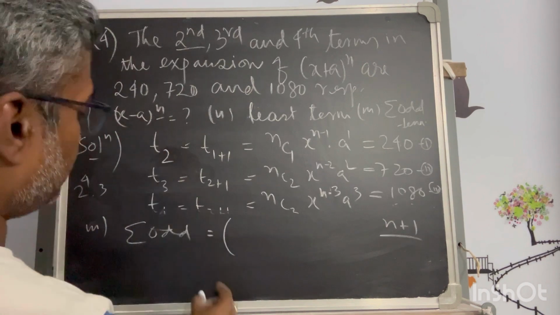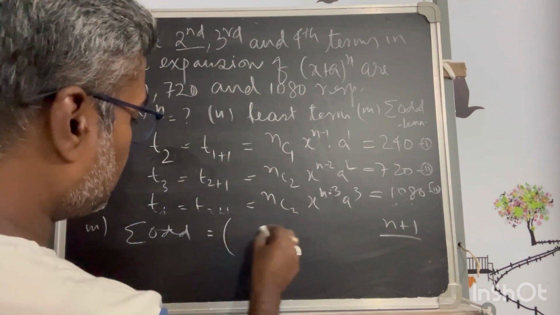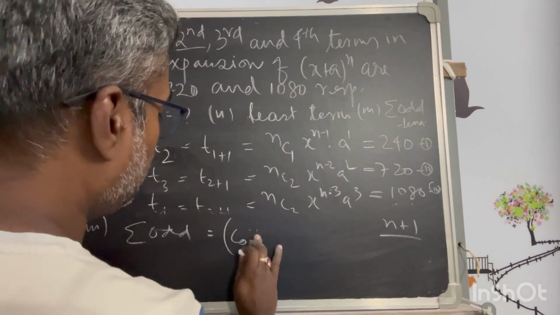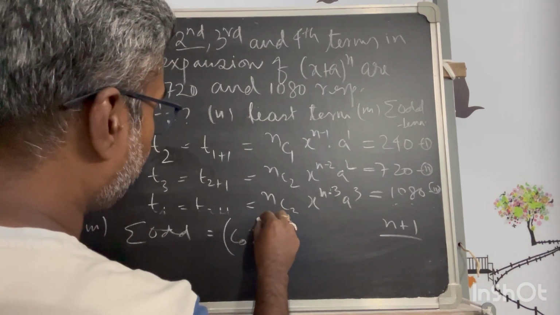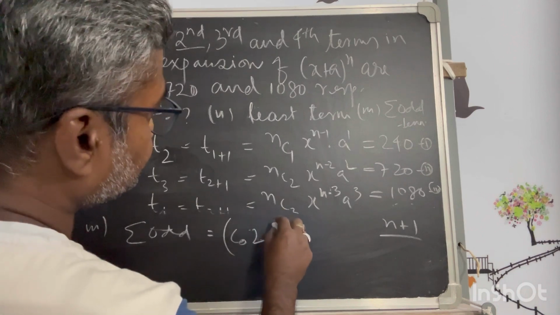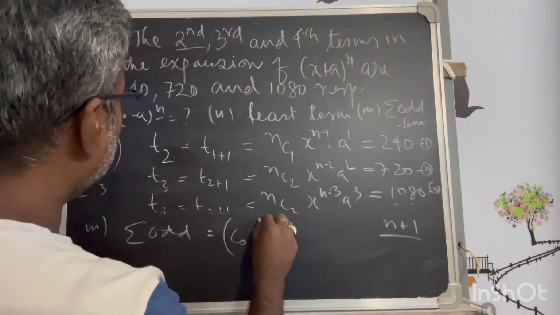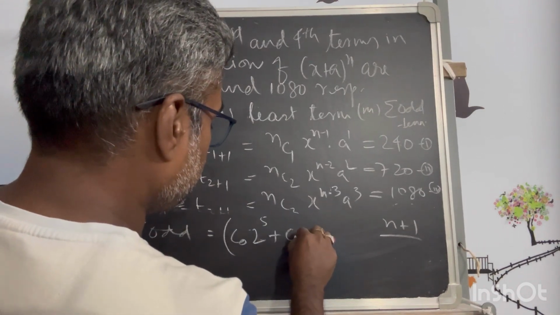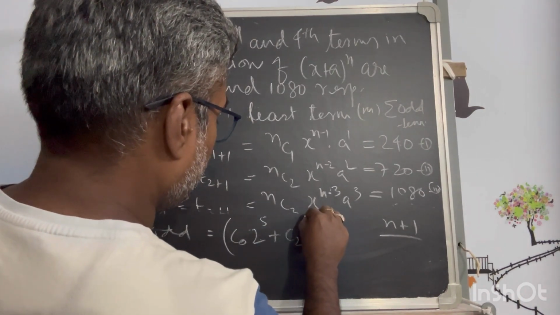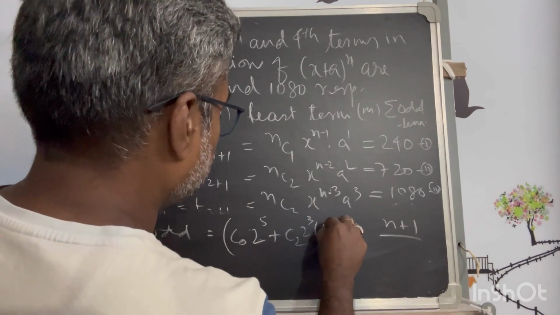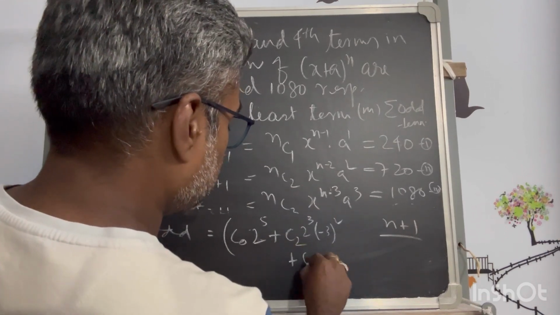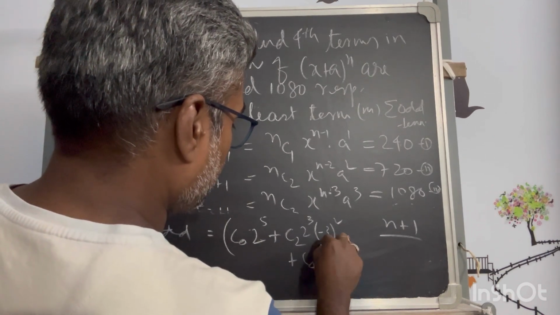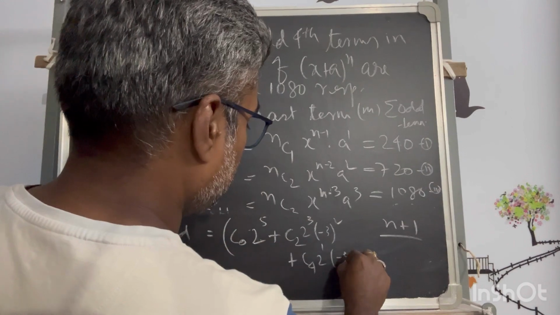If it is expanded, I will get the odd terms as C0 and x to the power 5, plus the next odd term C2, 2 to the power 3 times minus 3 whole to the power 2, plus C4, 2 to the power 1 and minus 3 whole to the power 4.